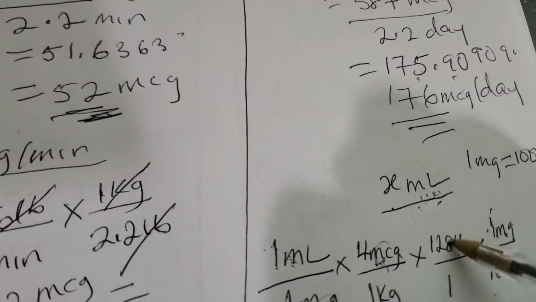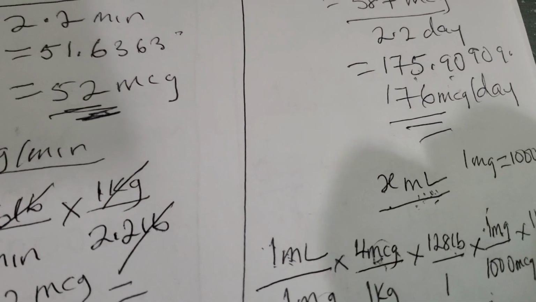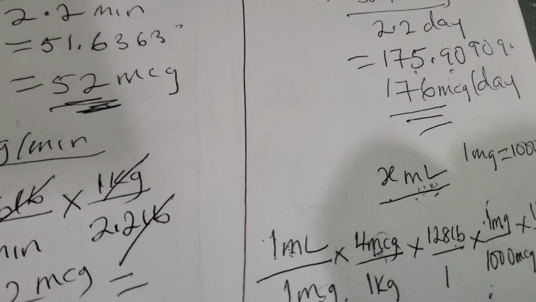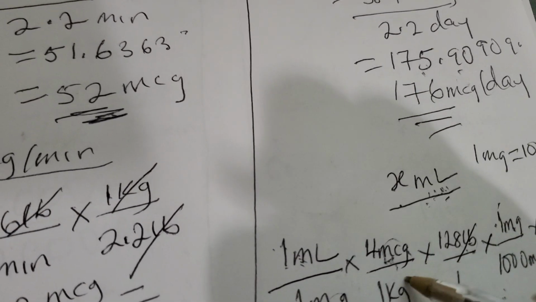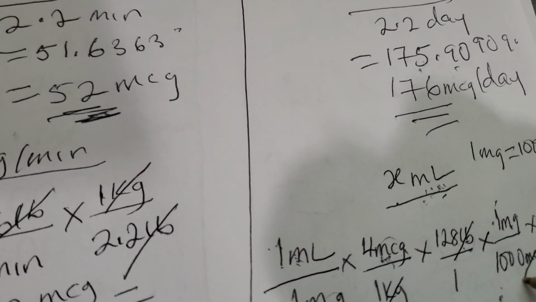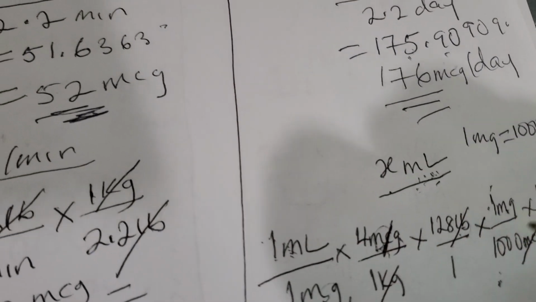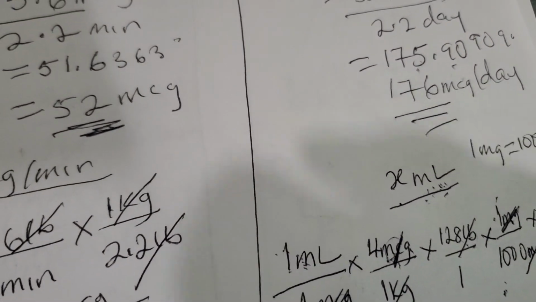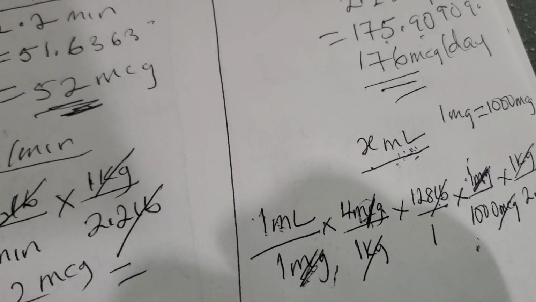Now we still have 1 unit of conversion to make for the pound. So we're going to have 1 kilogram over 2.2 pound. Pound will cancel pound. Kilogram will cancel kilogram. Microgram here will cancel this microgram that comes with the 4. This milligram here will cancel this milligram. Now let's see what we have.